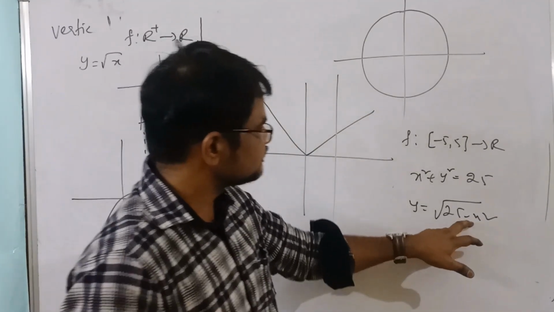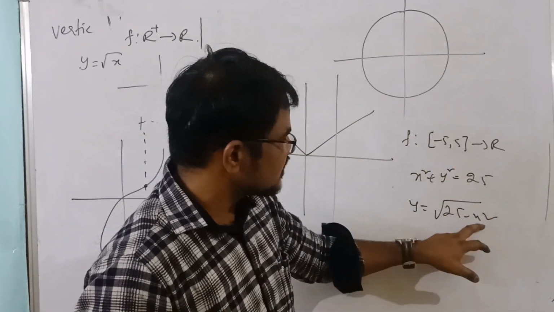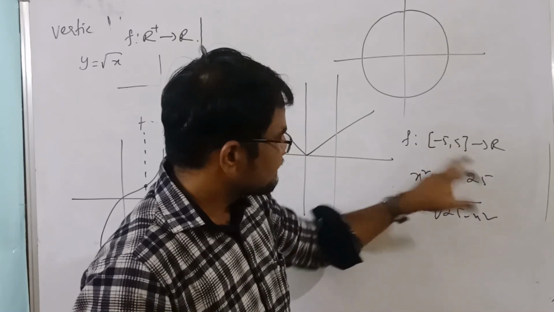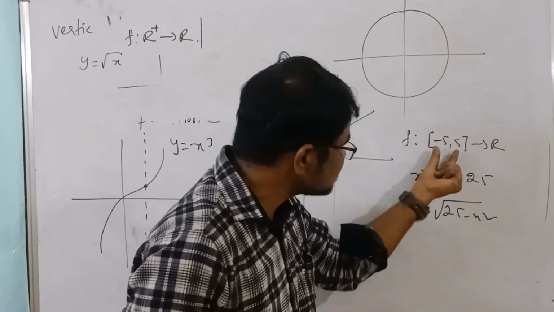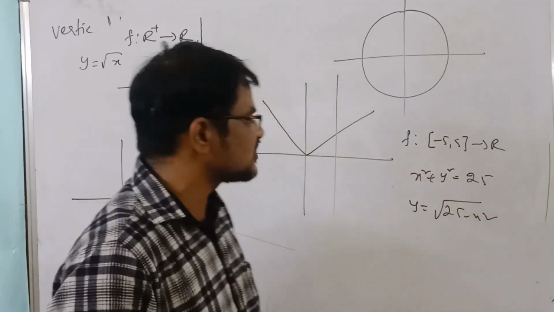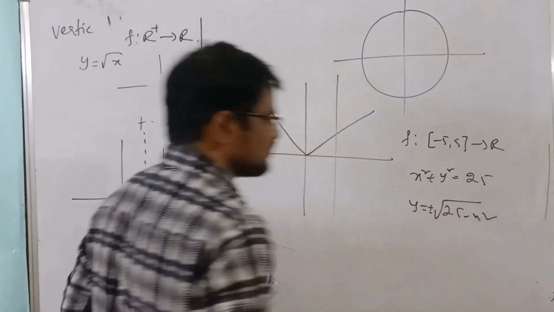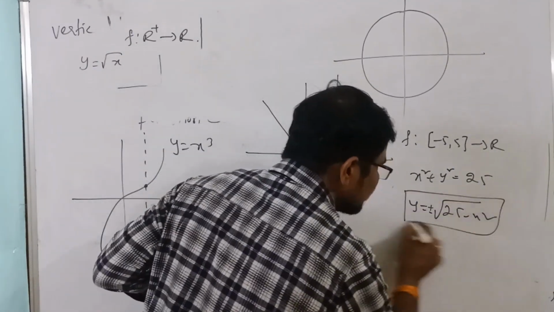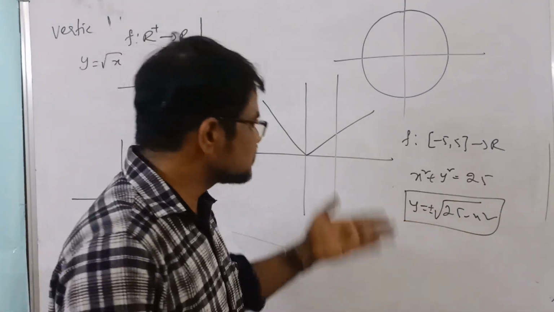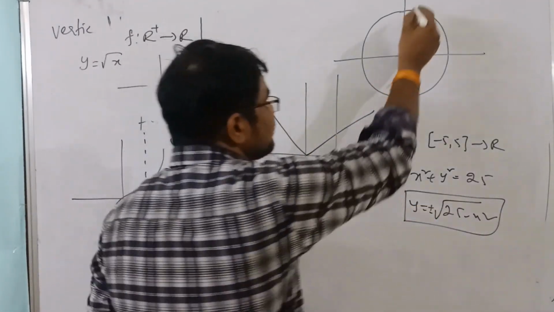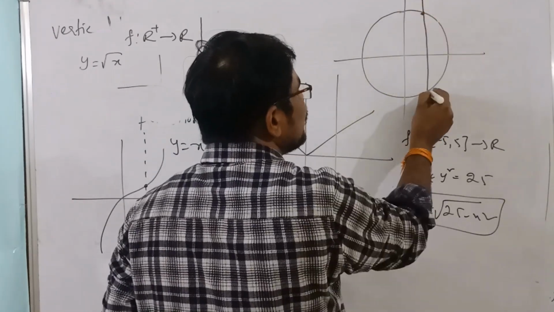Is it satisfied or not? 25 minus x square exists only because the domain should be the closed interval minus 5 to 5. Now that gives plus or minus, so y has multiple values. So clearly it is not a function. If you draw a line parallel to the y-axis, it intersects at 2 points.